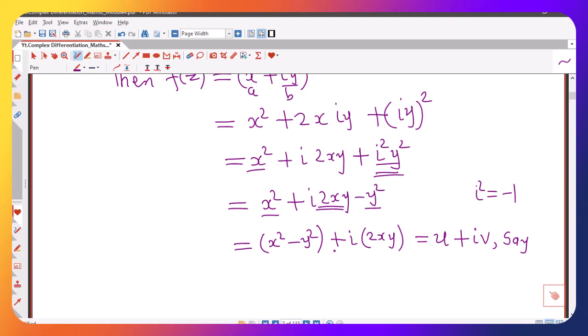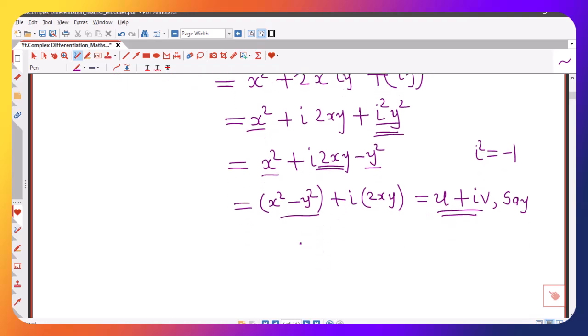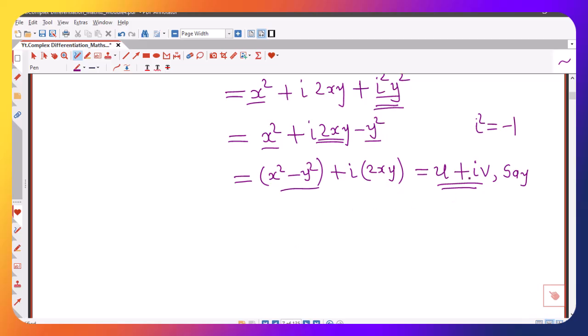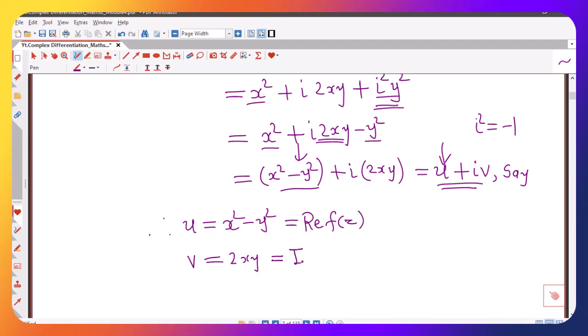Comparing, we see that u is equal to x square minus y square, which is the real part of the function f(z), and v equals 2xy, which is the imaginary part of f(z).